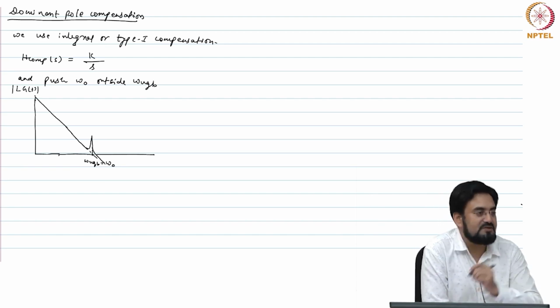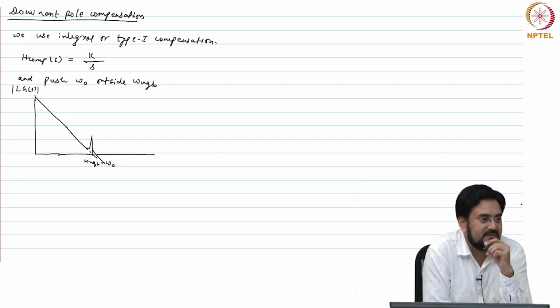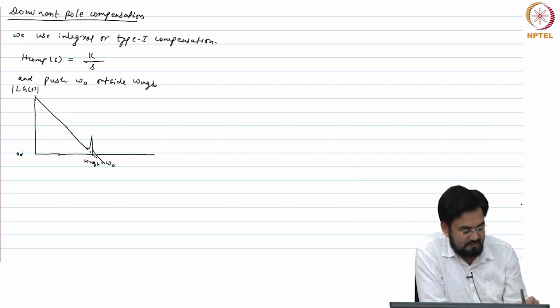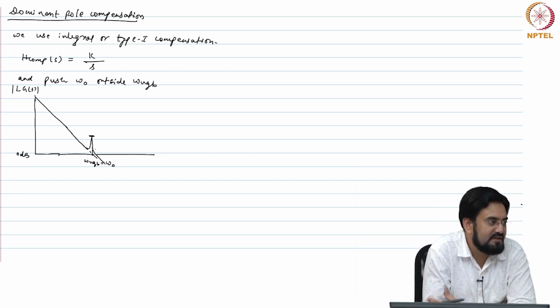If the Q factor was not there, the gain should have crossed 0 dB here, but due to Q, your gain at UGB does not remain 0 dB but is more than 0 dB, and you know the phase there is almost touching minus 180 degrees. So you do not have any phase margin as such.